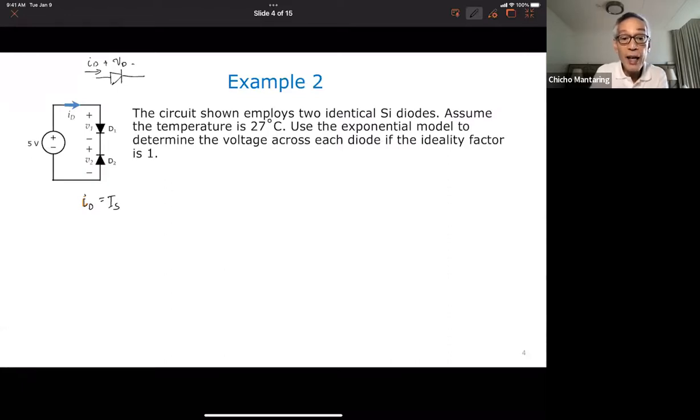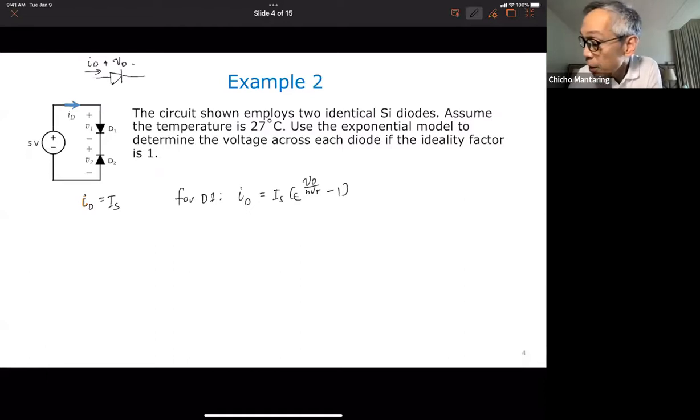So, having said that, what will be, for D1? First of all, now I cannot assume. Let me write this equation. This is I_S times e to the V_D over N V_T minus 1.